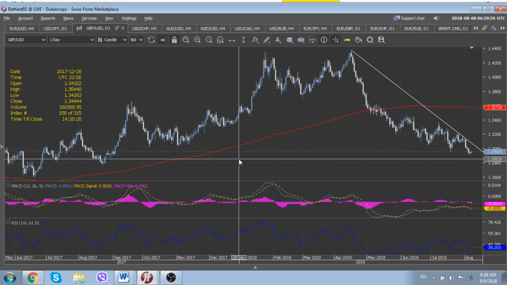Anyway, we still expect that the United States dollar should lose some of its value coming to an end of the summer, beginning of the fall. We expect that also the cable should rebound.